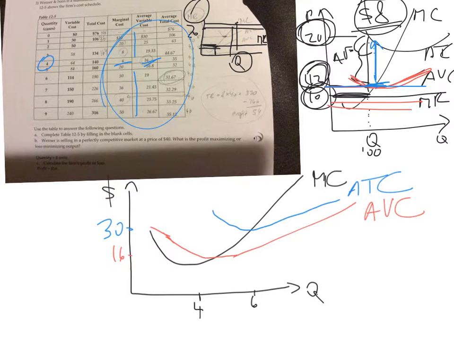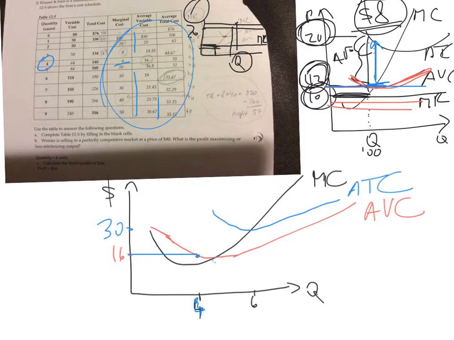I should have probably moved the 4 somewhere down here, but what we know is that the marginal cost is not equal to the variable, so we're not exactly at this point, but we know that over here at 4 units the average variable cost is the lowest that we can see. It might be a little lower between them, but this is the lowest point on the AVC that we can observe. So that's the lowest price in this market under which this firm would stay in business. If it would drop below 16, then they can't operate, right?